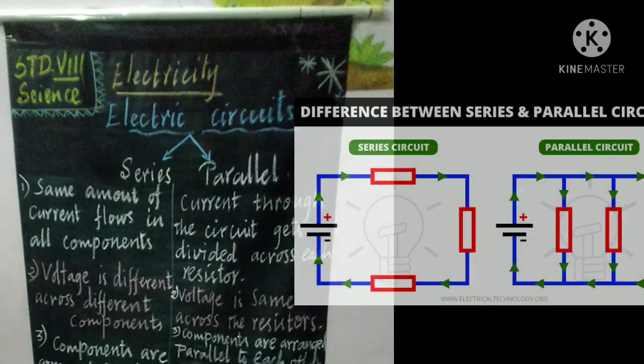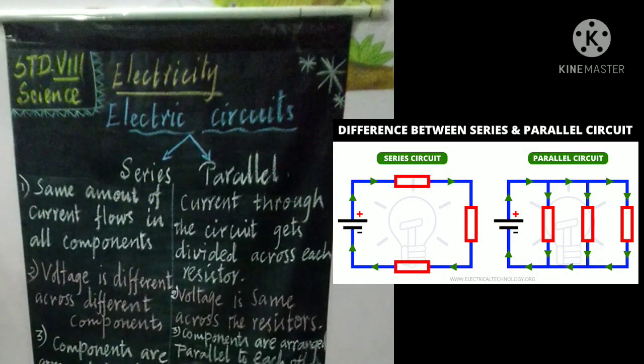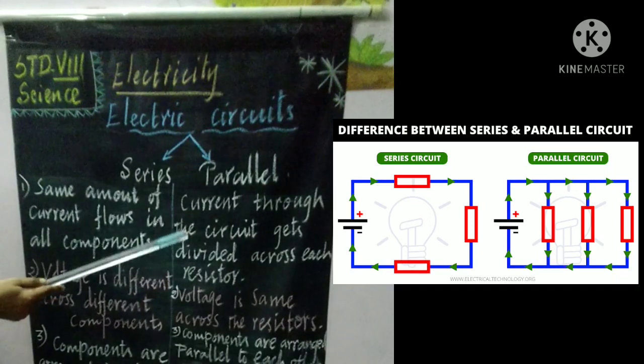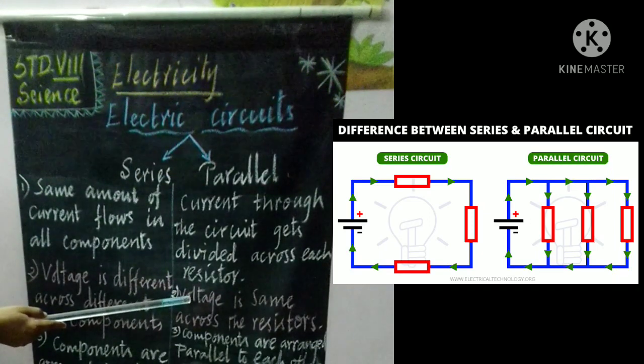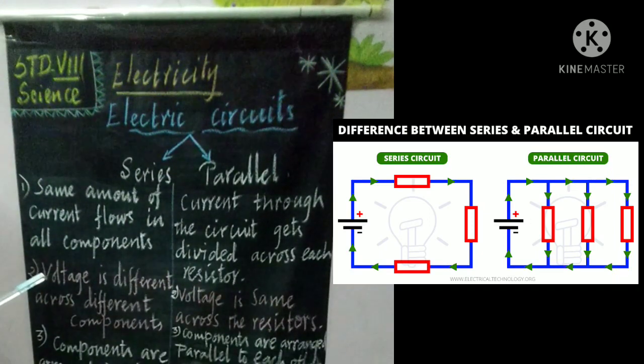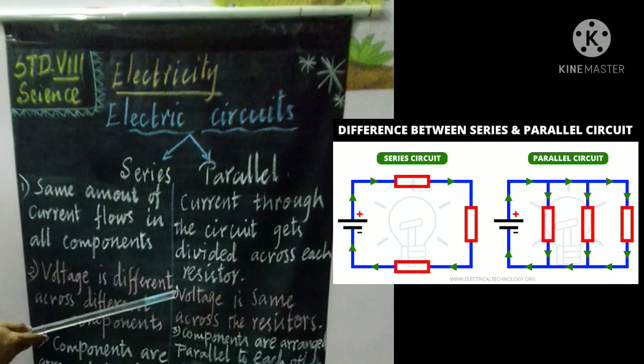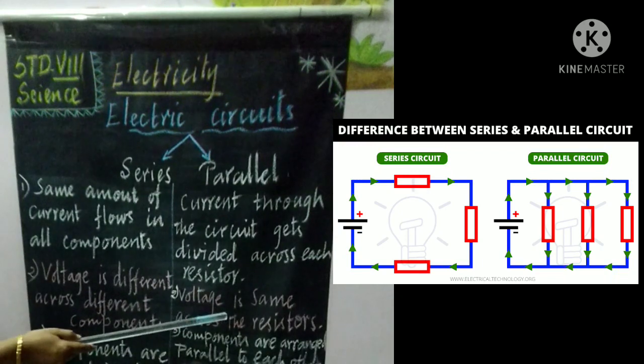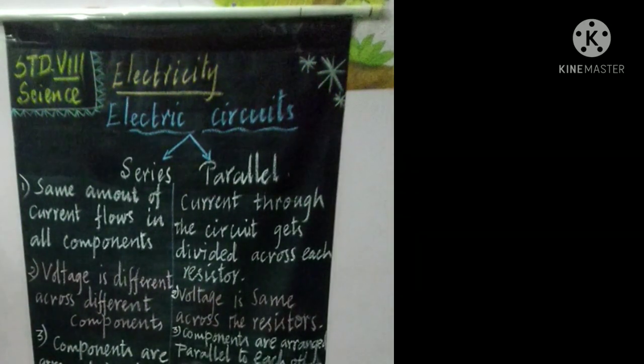Second one, about the voltage. In a series circuit, voltage differs. In a parallel circuit, voltage is the same. In series, voltage is different across different components. In parallel, the voltage is the same across the resistors.